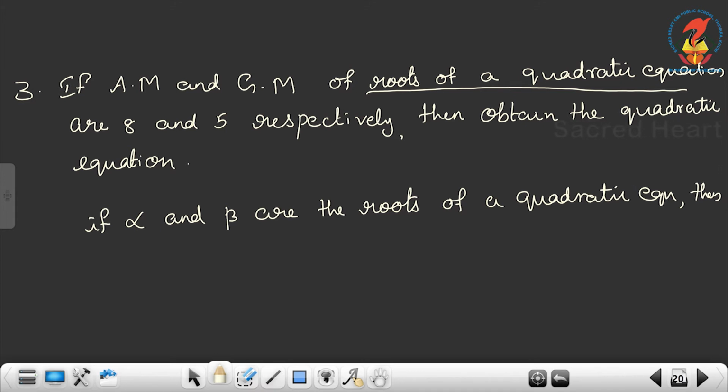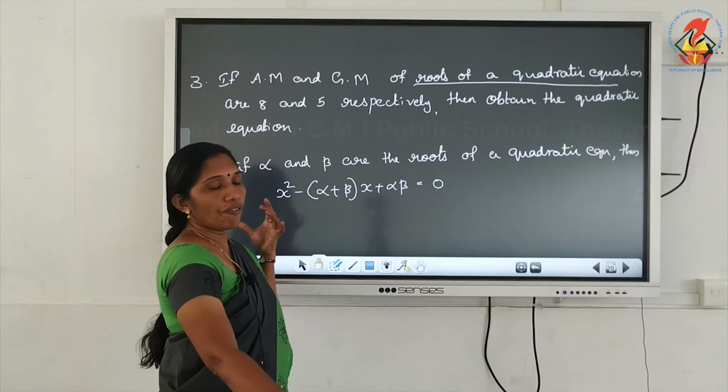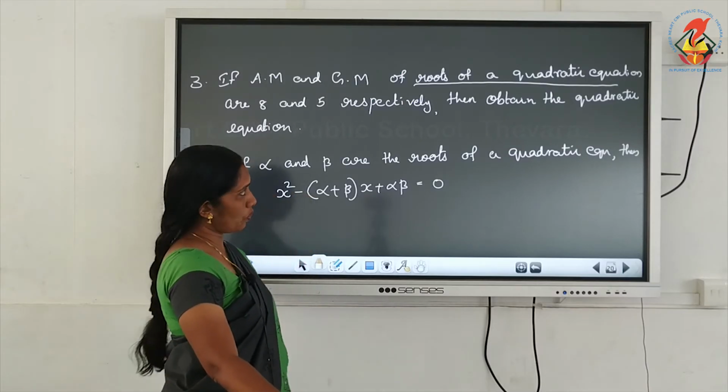Then equation we can write as x square minus (alpha plus beta) x plus alpha beta equal to 0. This is a quadratic equation if alpha and beta are the roots of the equation.